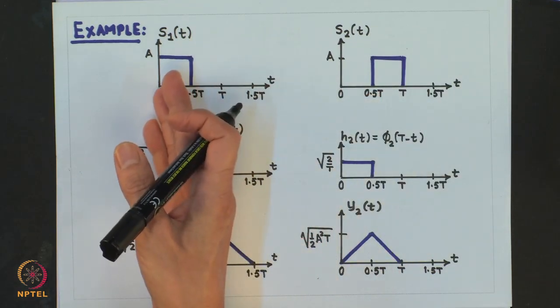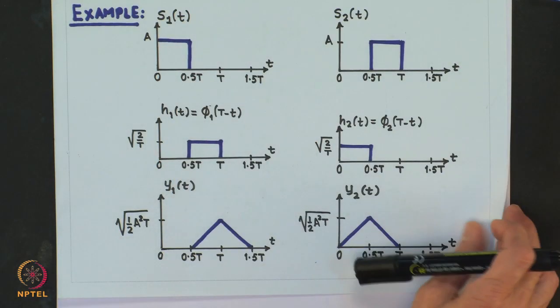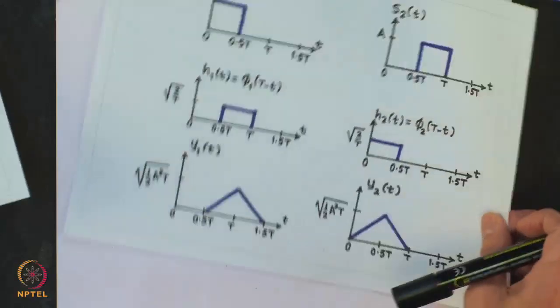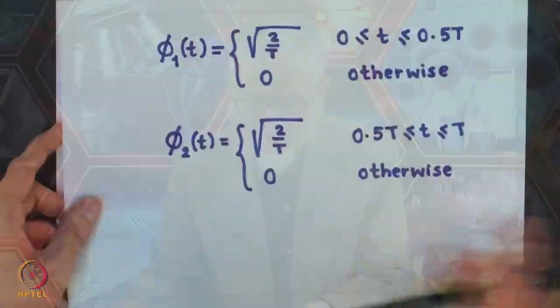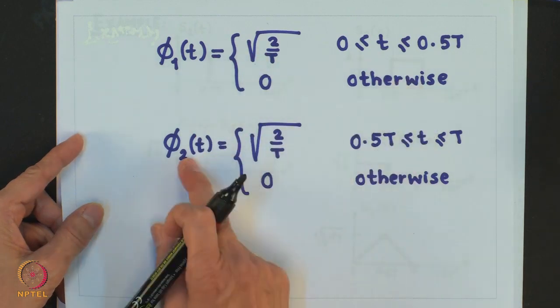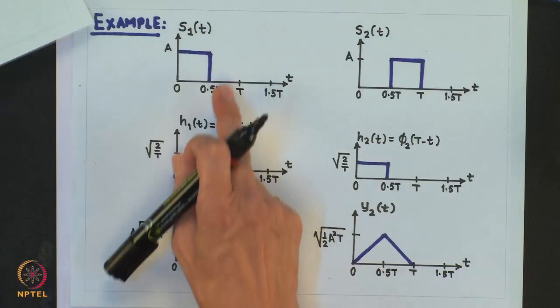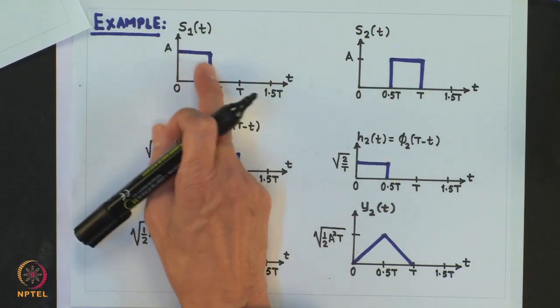They will be similar signals except for the normalizing factor. So, phi 1(t) will be equal to this signal and phi 2(t) will be equal to this signal, which is similar to this signal except for the heights.